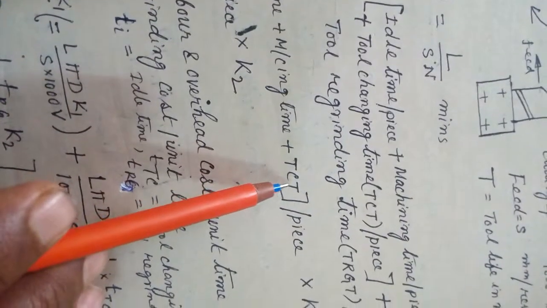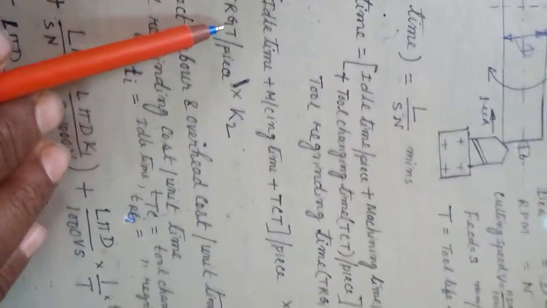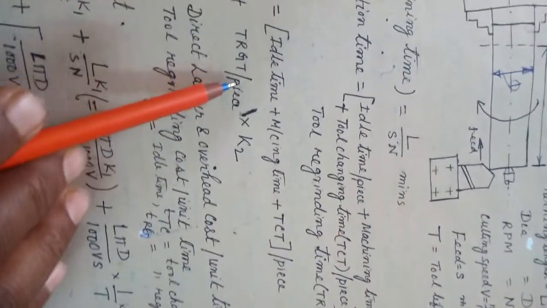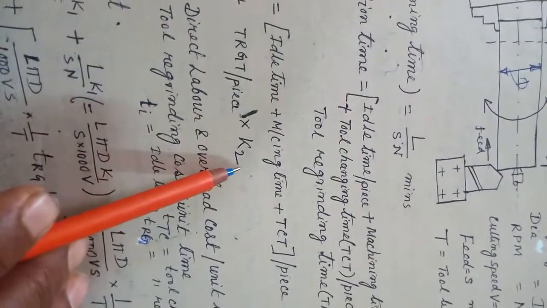Tool changing time into K1 plus tool regrinding time per piece into K2.